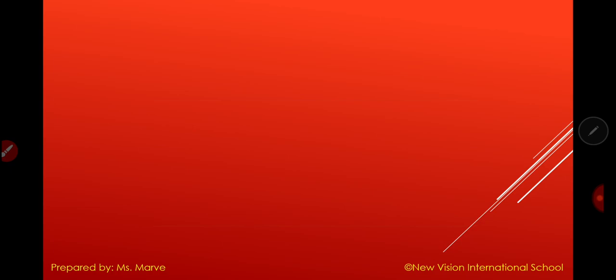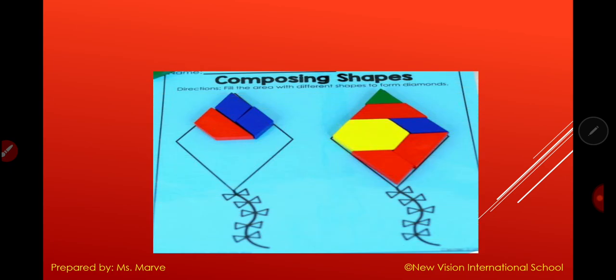Another example, we have a kite. For you to put the smaller shapes easier, please draw the kite, and then you can now freely put and assemble your different shapes.